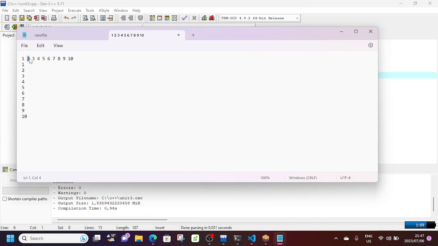But now I want you to say 2 multiplied by 1, which is going to give me 2. But then I also want you to say 2 multiplied by 2. What is it going to give me? It's going to give me 4, right?